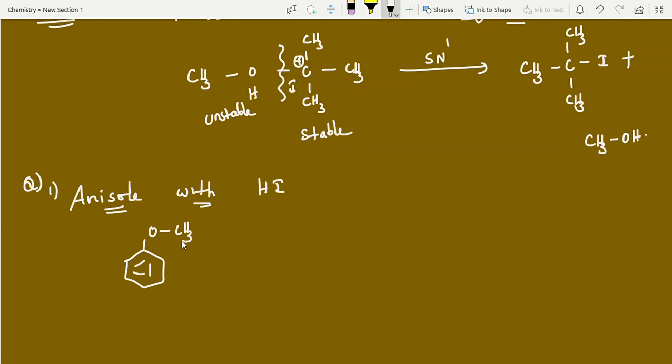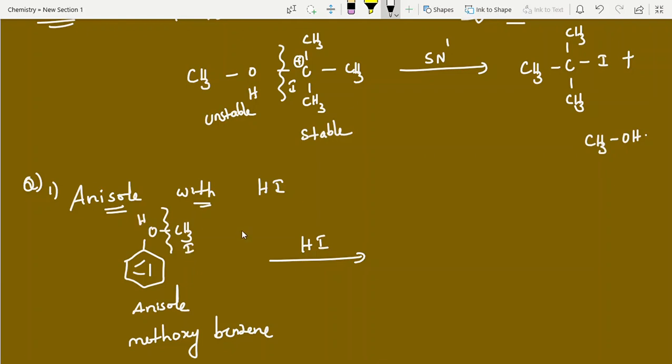OCH3. This is anisole. We call it methoxybenzene, methyl phenyl ether, otherwise, with HI. See, what is the favorable condition? Here I, here H. That's it. How simple your question is. That's it. A simple alkyl halide is favored.